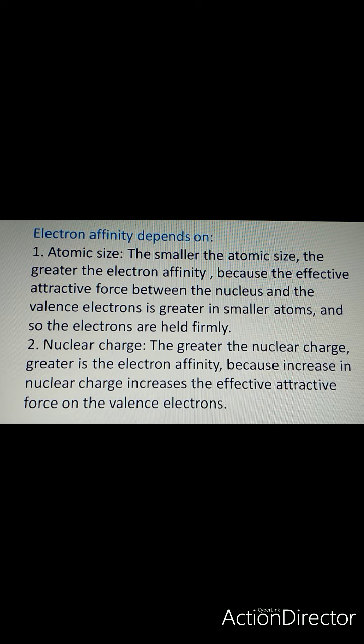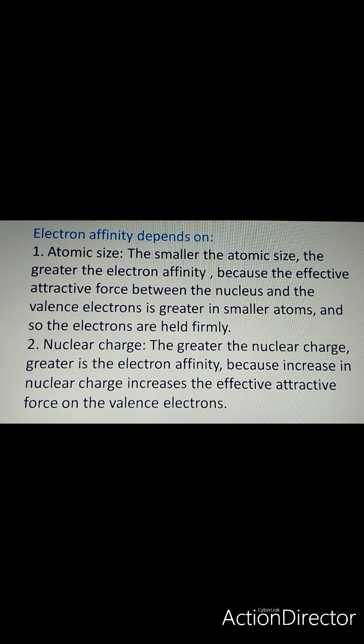The atomic size is small, so the force of attraction is greater. In nuclear charge, the greater the nuclear charge, the greater the electron affinity, because an increase in nuclear charge increases the effective attractive force on the valence electrons.